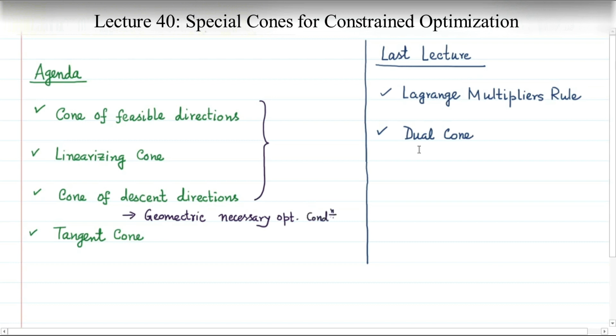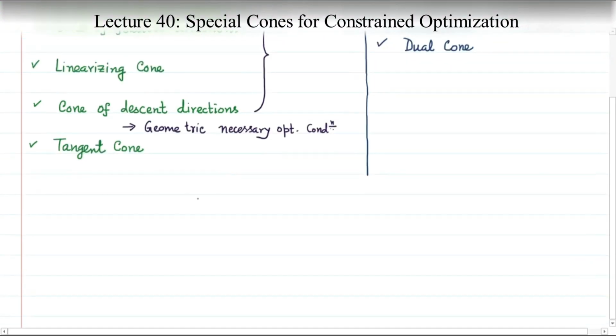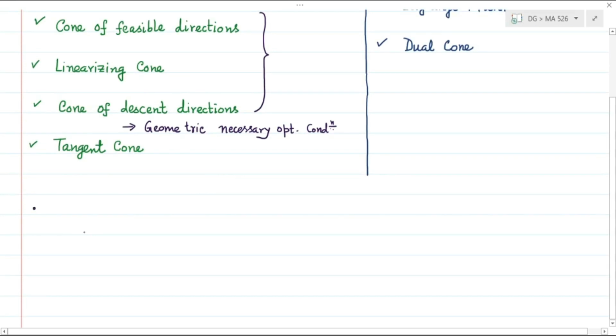Now, in order to discuss the idea of the cone of feasible directions, we will have to start with the idea of constrained optimization. Let me at first mention the generic presentation of a constrained optimization problem, and a few terminologies related to constrained optimization problems.